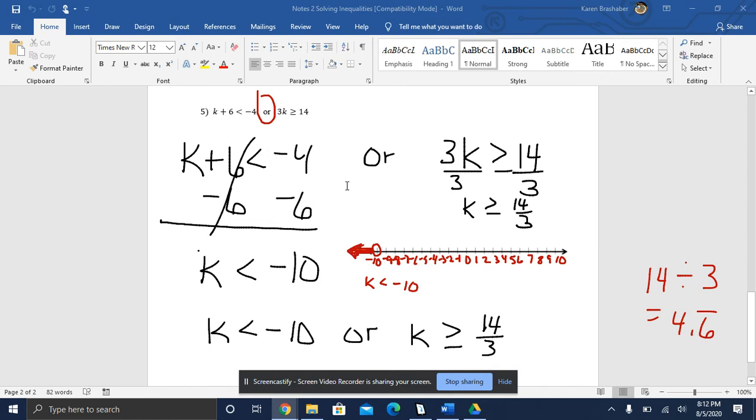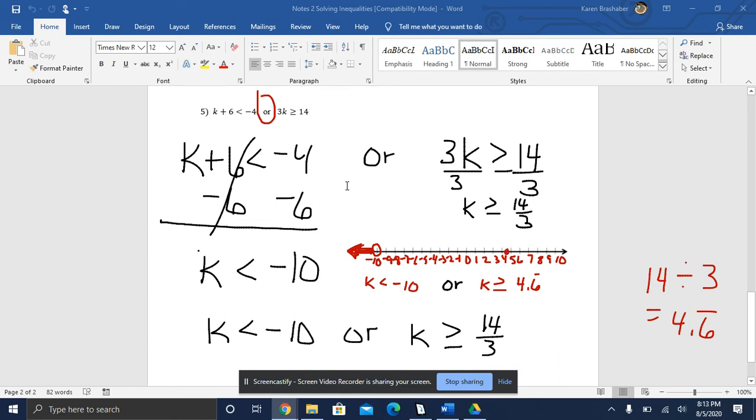Less than -10. But also on this graph, we have the rest of the solution, or k is greater than or equal to 14 thirds, which we said we would use the decimal 4.6. So if you do have to graph a decimal, it's in between 4 and 5.